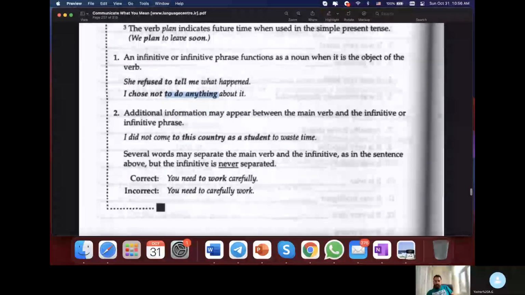I did not come to this country as a student to waste time. So if you have additional information, it may come between the main verb, I did not come, and the infinitive, to waste. So this part, to this country as a student, is extra information.